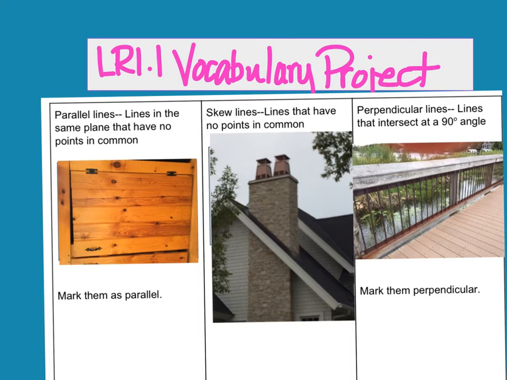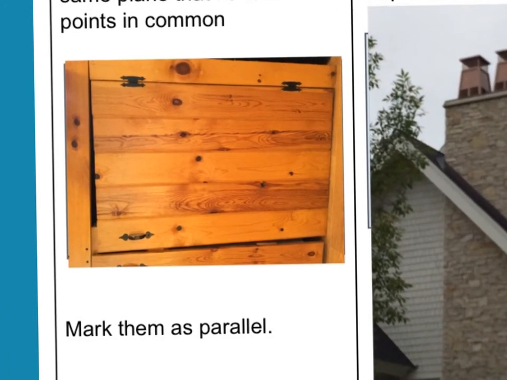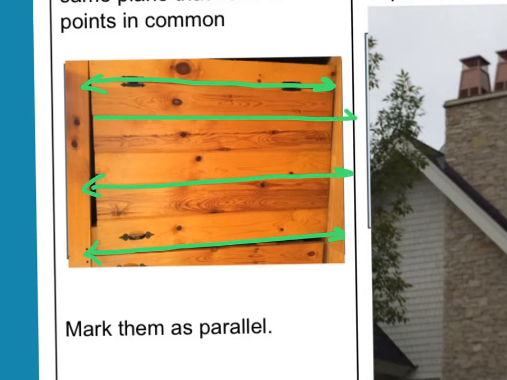My picture of parallel lines is actually probably a false picture. I know that this line is probably not parallel to this line because my door is warped. These lines are probably not exactly parallel to each other either because they're warped, but I want to show that they are parallel.